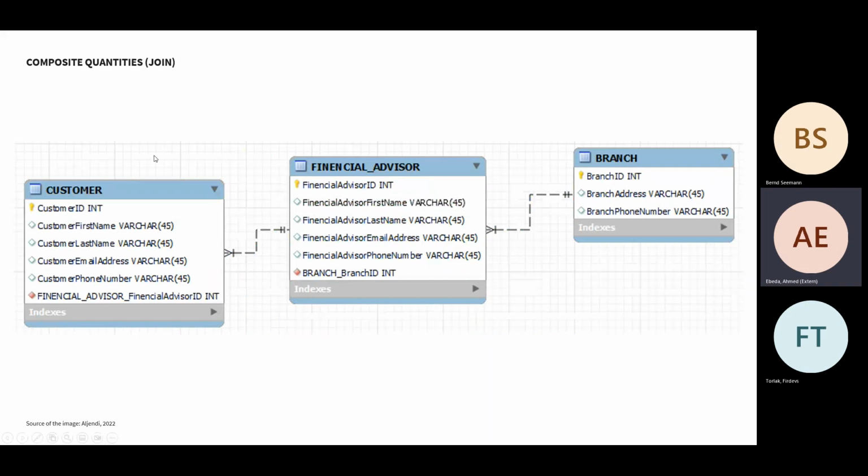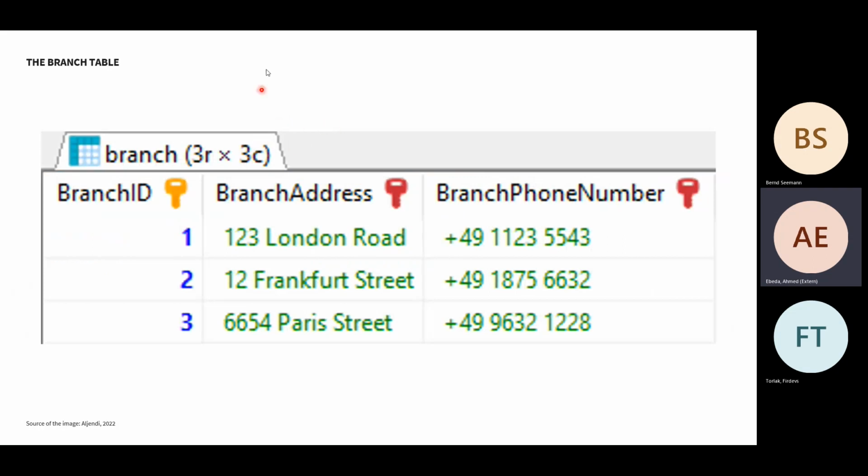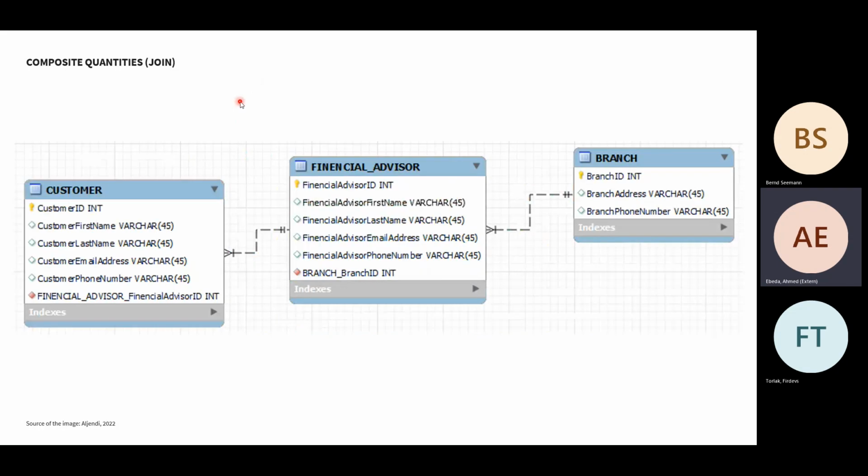Okay, so you have customer, financial advisor, and branch tables. So you have three tables, and you start to think how can I get data from this table, this table, and this table joined? How can I do that?